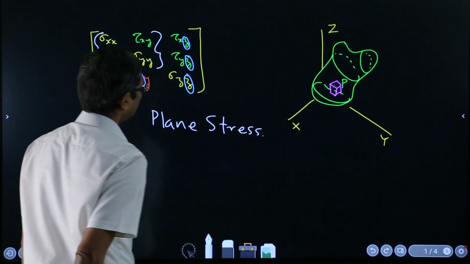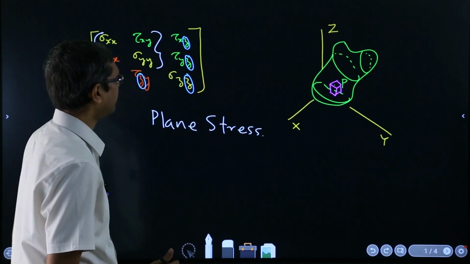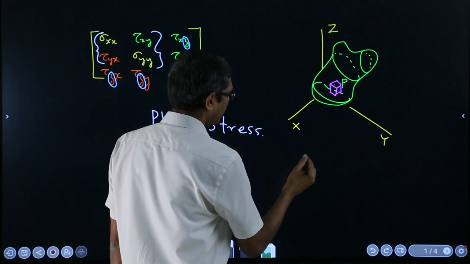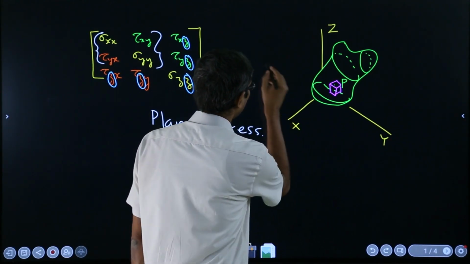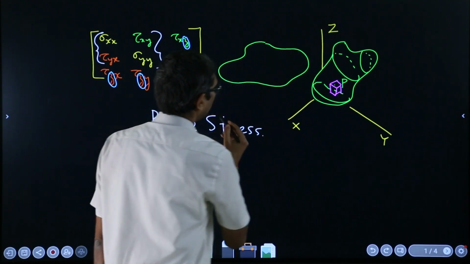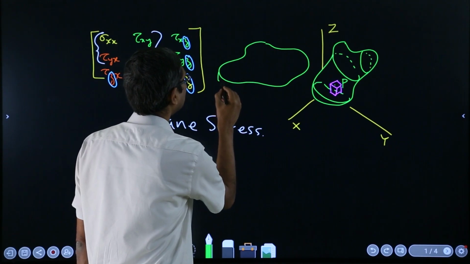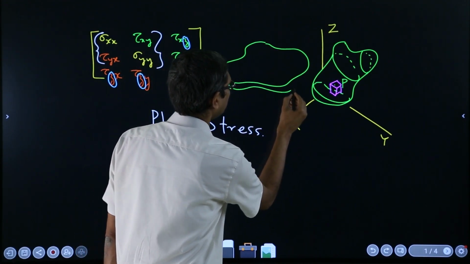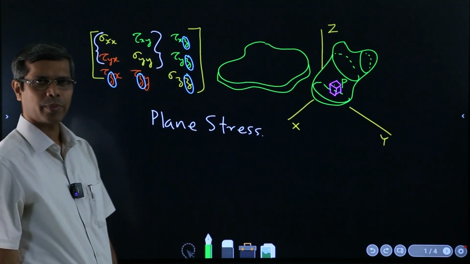Okay. So such a situation arises when, say, suppose a body is there and it is such that its thickness is very small as compared to the other dimensions.